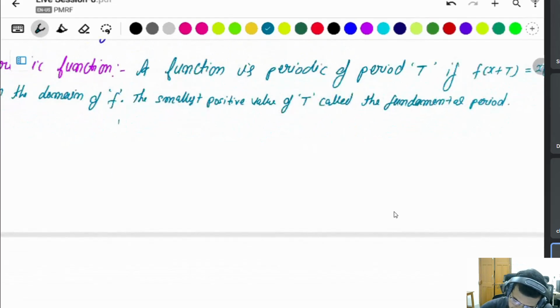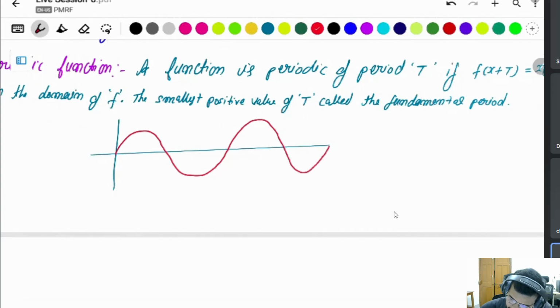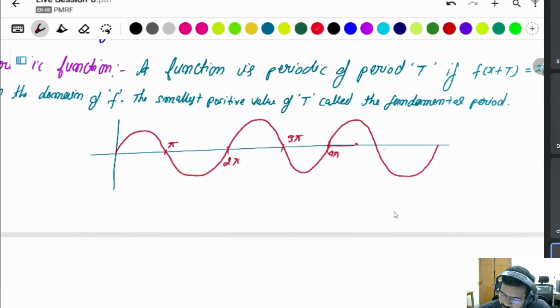Suppose there is a sinusoidal signal, with points marked at pi, 2 pi, 3 pi, 4 pi, 5 pi and 6 pi, and a negative side also.